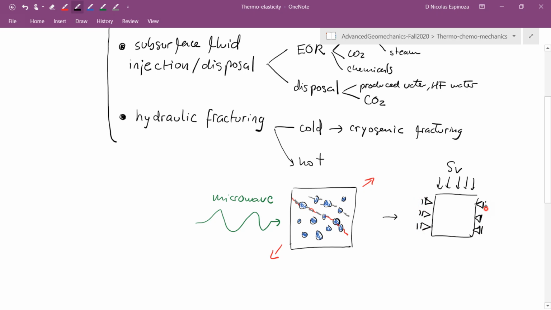So how would this phenomenon apply to this condition? Well, the theory of thermo-elasticity is going to help us answer that question.